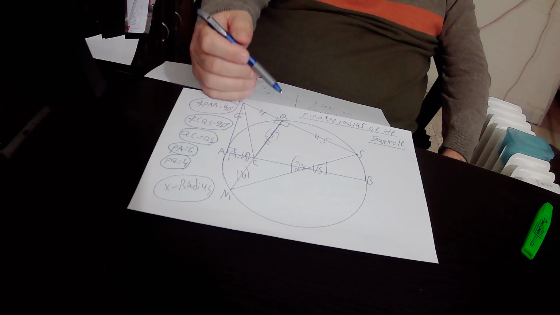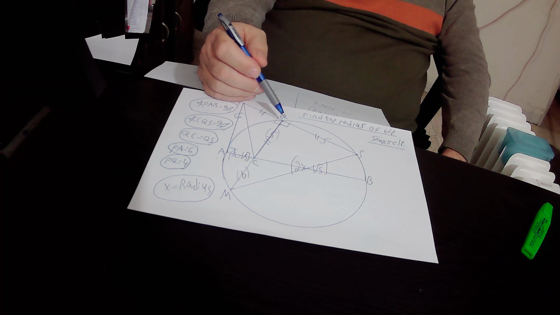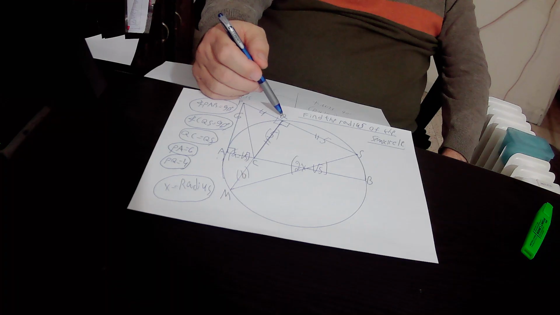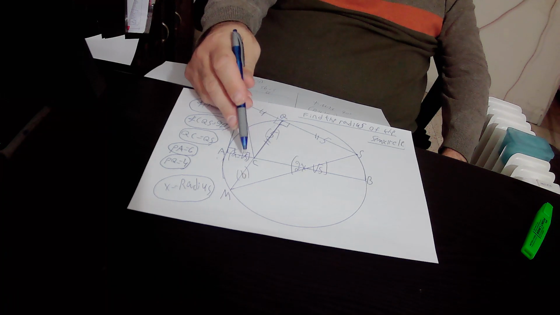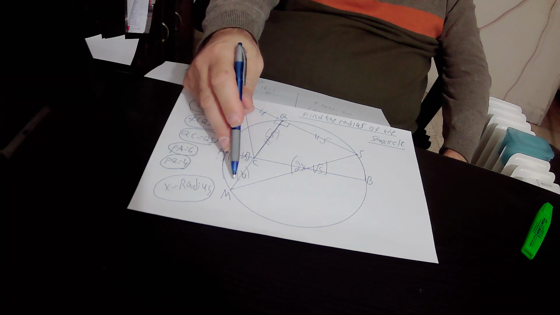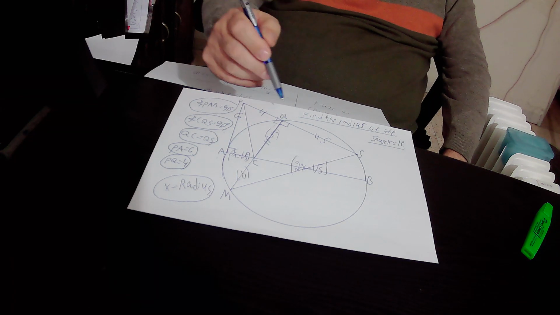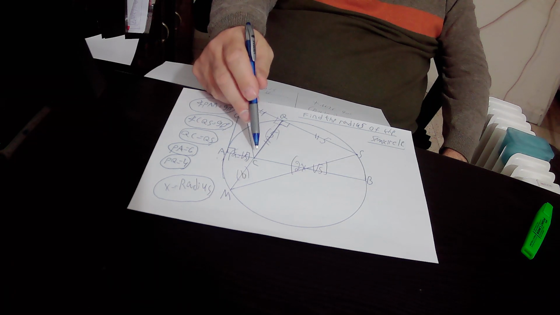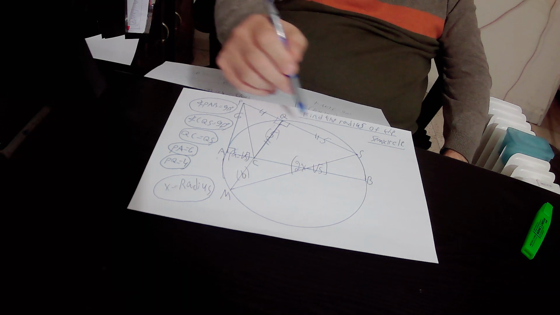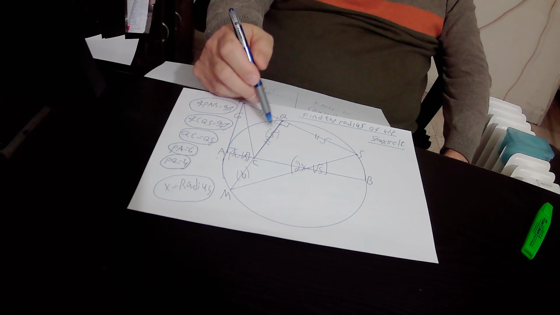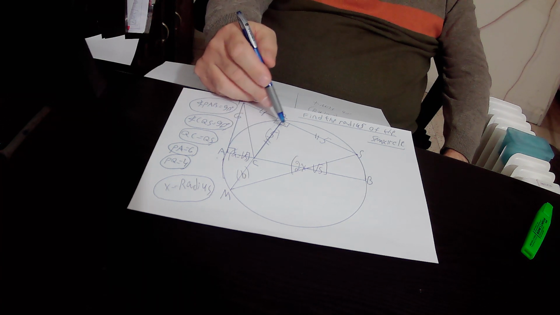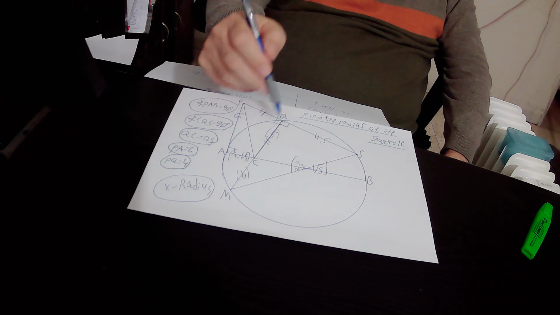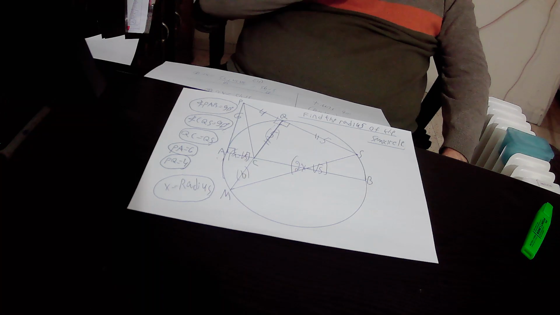So we extended the leg QC and got QM. Therefore, angle MQS must also equal 90 degrees, exactly as angle CQS.